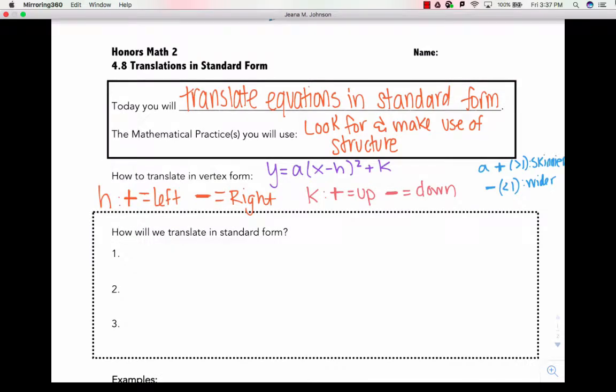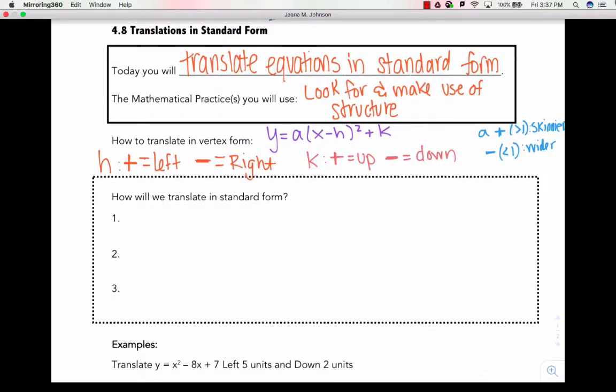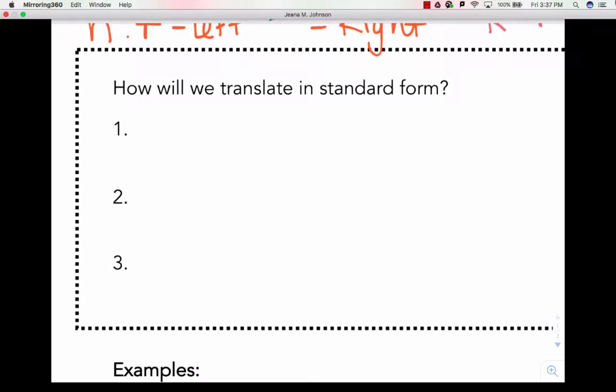So we're going to use that information now to translate in standard form. We have 3 steps that we're going to go through when we translate in standard form. There is no way to translate strictly in standard form, so what we're going to do is convert our equation to vertex form.